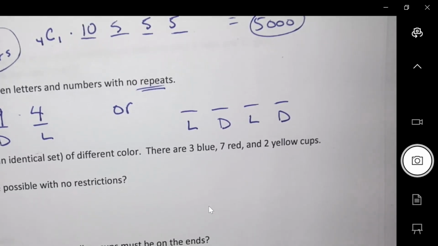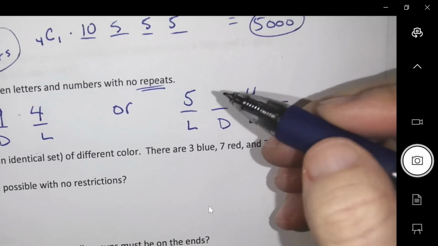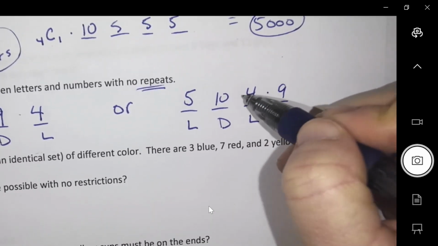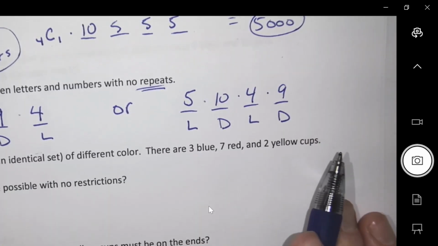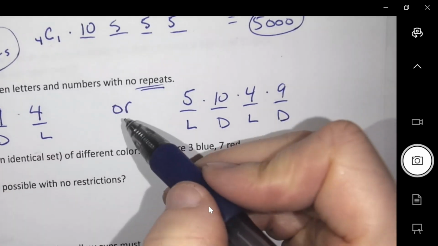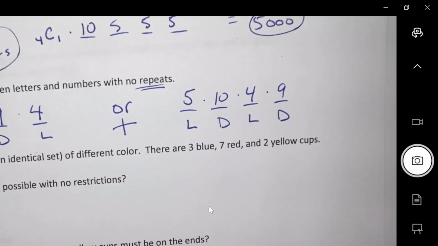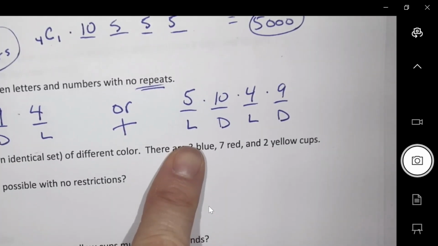Okay, and this one should be the same, right? 5 and then 4. And this should be a 10 and then a 9. Okay, so when you figure this number out, you're going to have to add or just times by 2, right? Because it's this and this are the same.